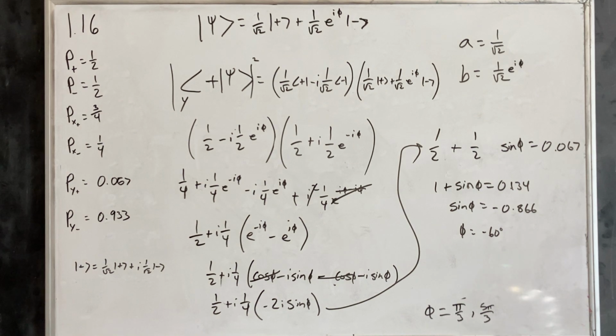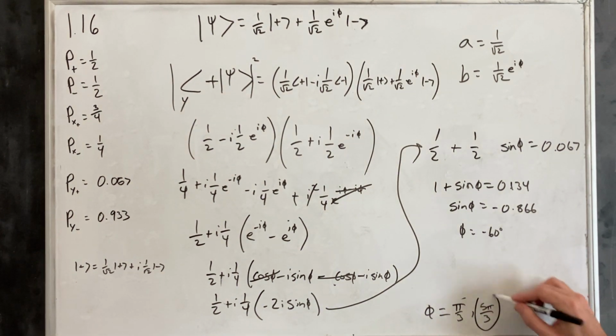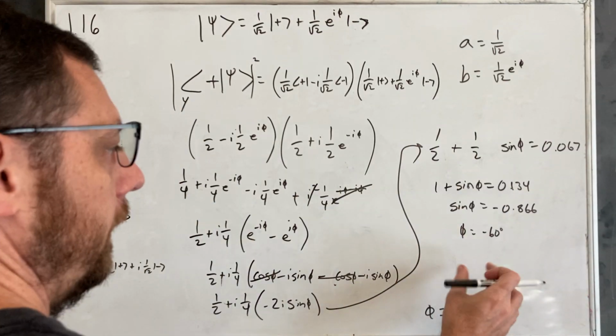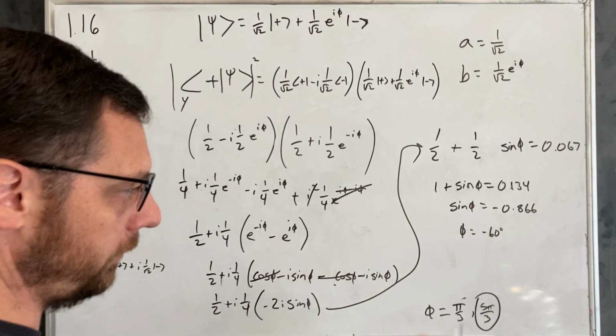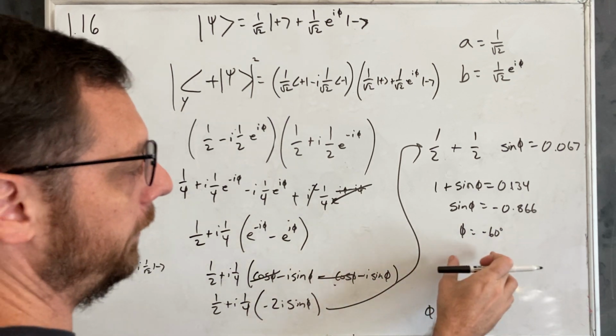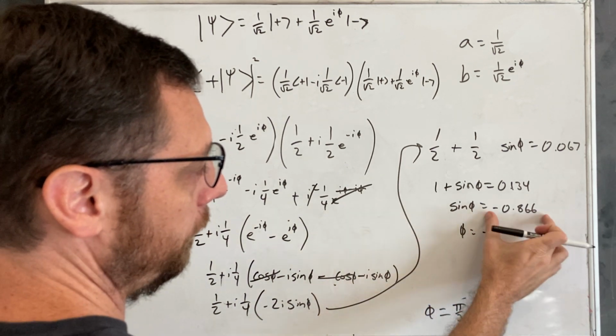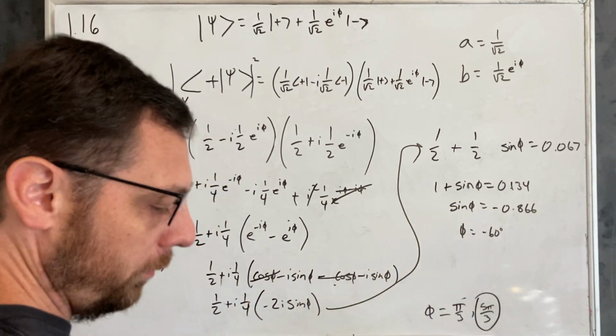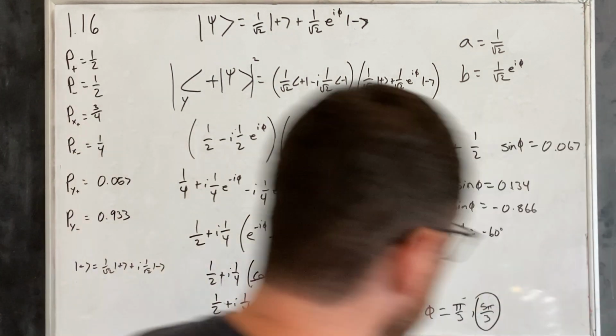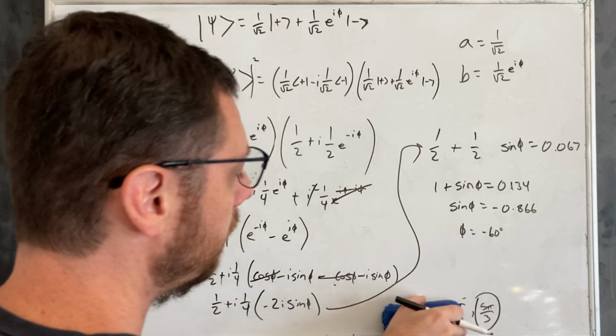So negative 60 degrees, it looks like it is 5 pi over 3, which works out because that was one of our options here. One of our options here was 5 pi over 3. And this here is 5 pi over 3. So there's other options for this, but this is the one that works. So that's going to be our phi.